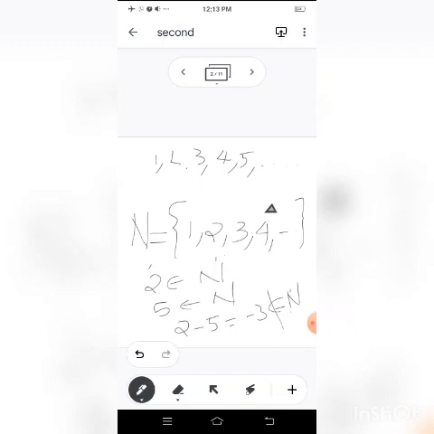So addition is perfectly well done with natural numbers. We can subtract natural numbers, but the result may not belong to the set of natural numbers. Here minus 3 does not belong to the set of natural numbers.